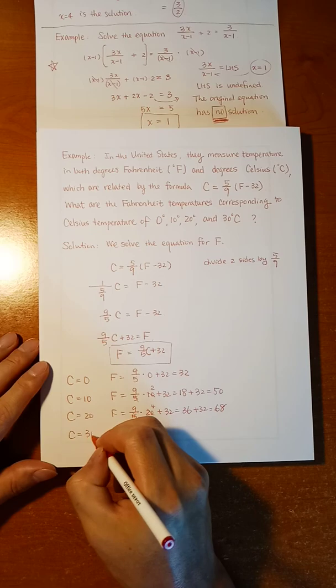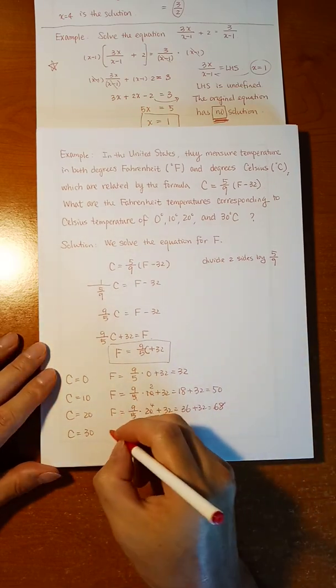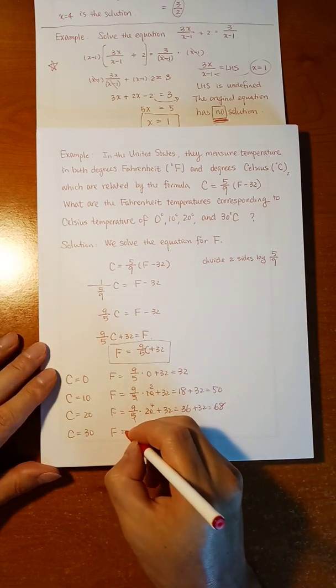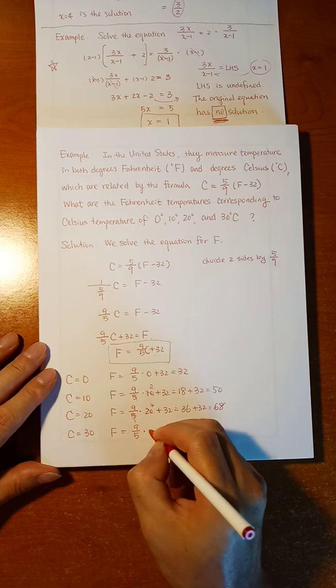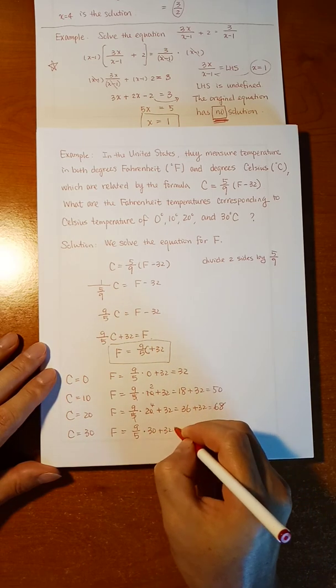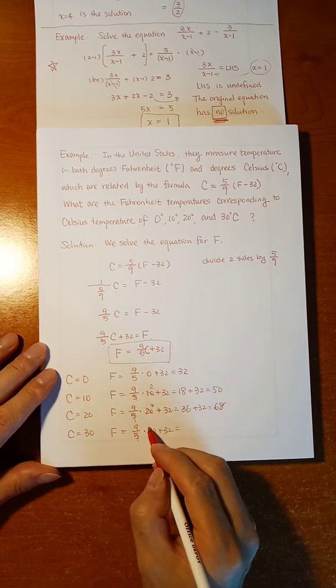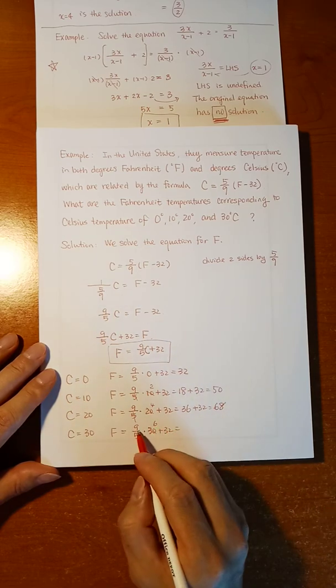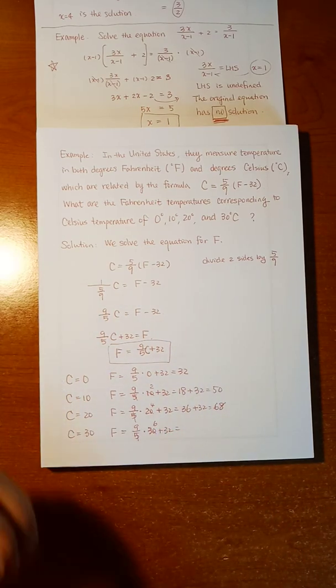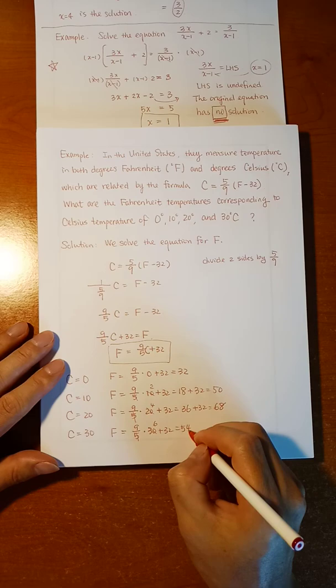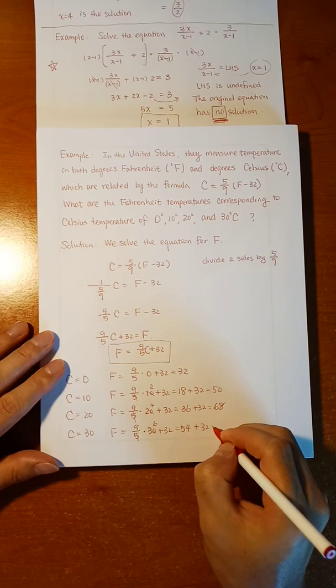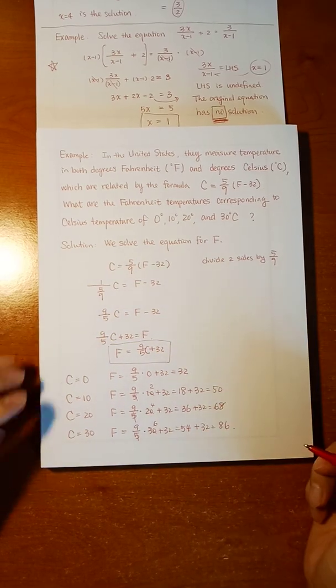When C is 30 degrees, F is 9/5 times 30 plus 32. You cancel 5 here, you get 6. 6 times 9 is 54, plus 32 is 86.